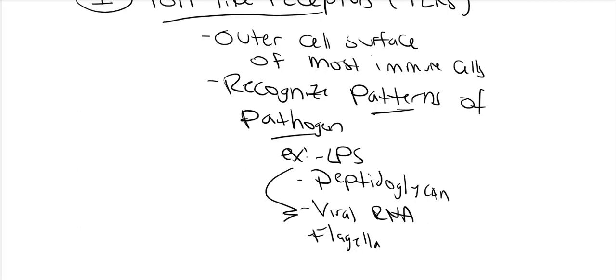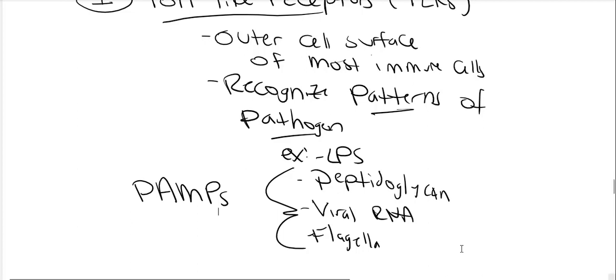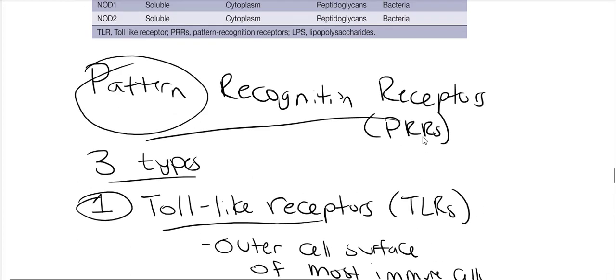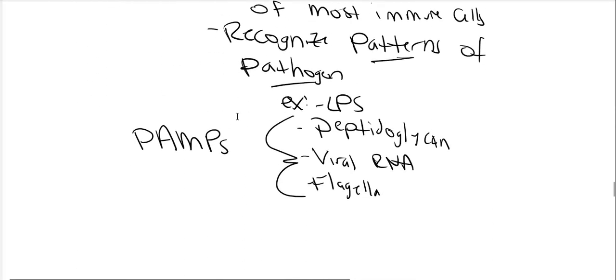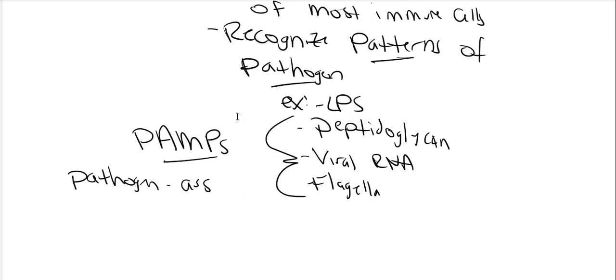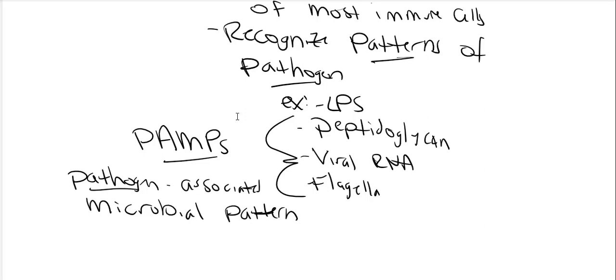Now, all of these different patterns, we call them PAMPs. I know there are a lot of acronyms. So far we have PRRs, pattern recognition receptors, and TLRs, which are toll-like receptors. Now, PAMPs. PAMP stands for pathogen associated microbial pattern. Any type of pattern you would associate with a pathogen is a PAMP.